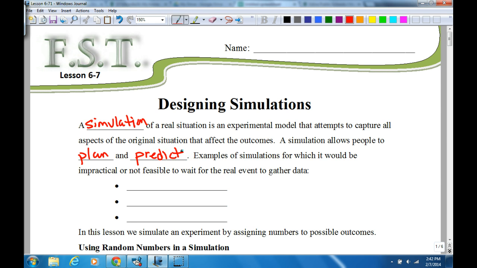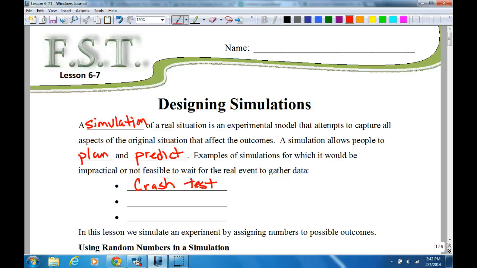Examples of simulations for which it would be impractical or not feasible to wait for the real event to gather data. Here's a big one, crash tests. We want to know what are the possible outcomes of a crash test on a car before we actually start selling that car. So they're going to do some simulations to figure that out. The reason why it would be impractical to wait is because you'd have deaths on your hands.